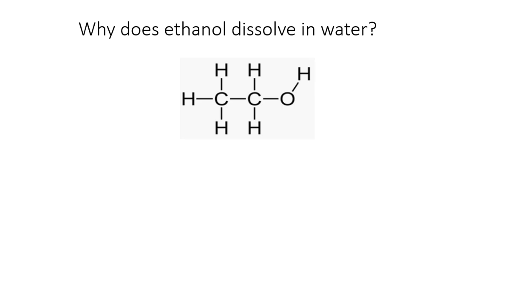But another question is, why does ethanol dissolve in water? So we have the ethanol structure here. Now, ethanol dissolves in water because it is able to make hydrogen bonding in water.